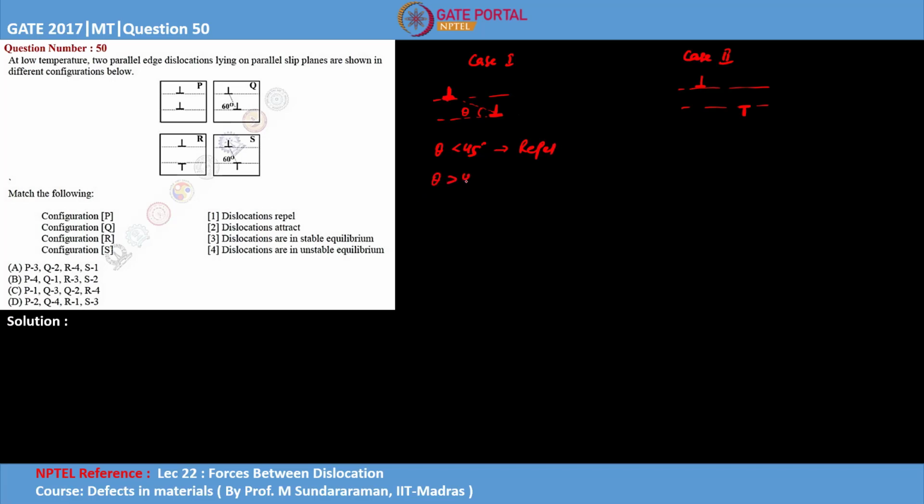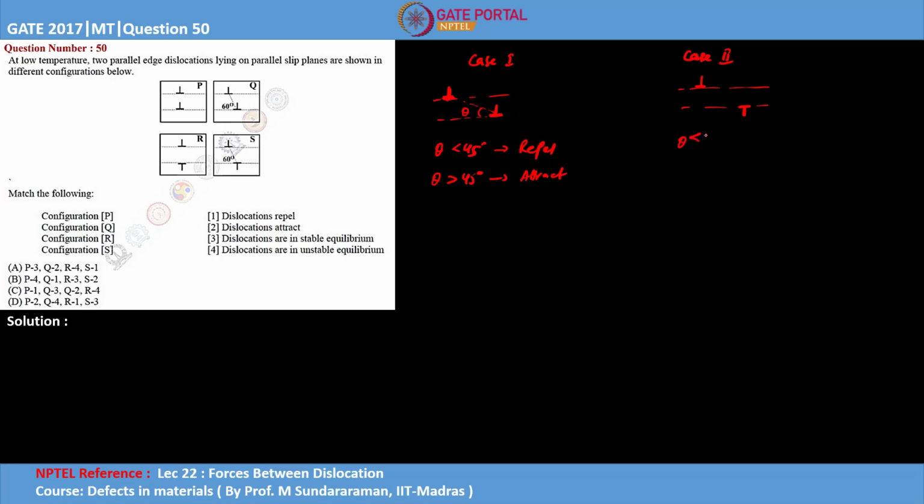If theta is greater than 45 degrees, then they will attract each other. Where the dislocations are of opposite sign, just the opposite will be observed.